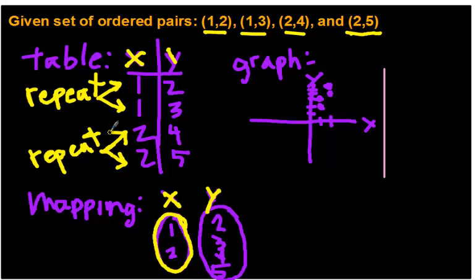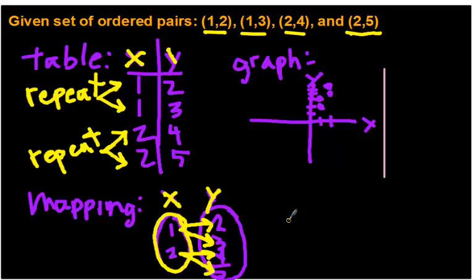Whenever it repeats, there's no need to repeat them in the x bubble. But we still have to draw a line from the 1 to the 2, because that's what it's paired up with, as well as the 1 to the 3. And again, we're going to have to do the 2 to the 4, and a line from 2 to the 5. Notice there are two arrows coming out of each x in this situation.